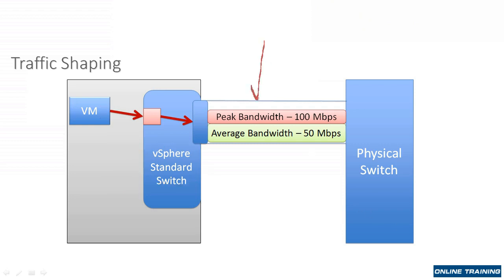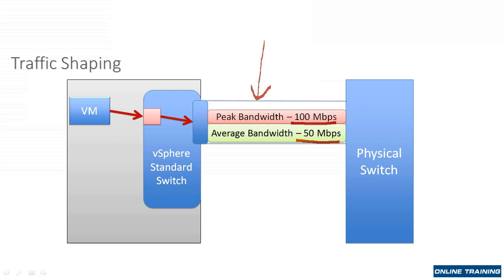We're implementing some maximums. We're saying that if a VM is on this port group, at any given time each VM can generate this much traffic at peak and this much traffic on average over the long term. That's what it's got to average out to. So that's how traffic shaping works.